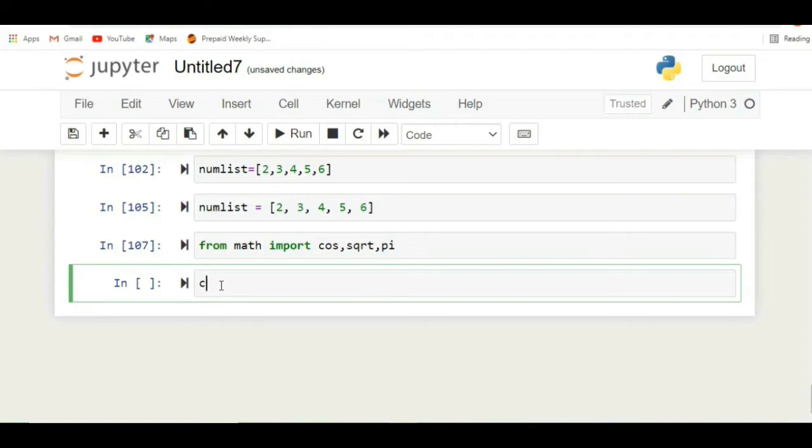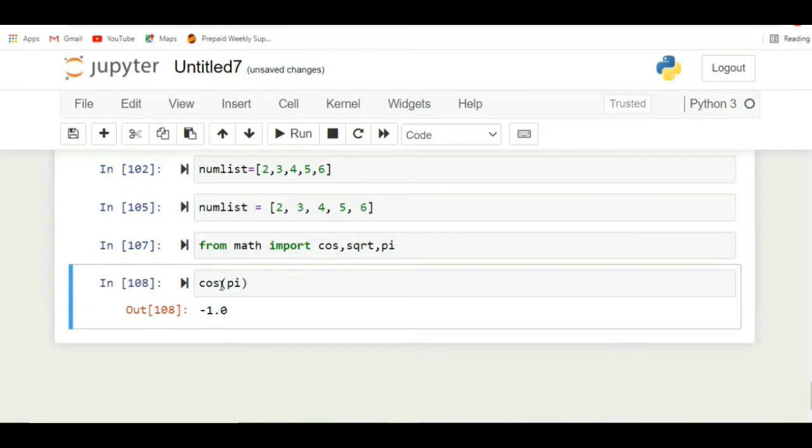Just like if I write cos, inside the parenthesis pi, cos pi should be equal to -1. Yes, it is -1.